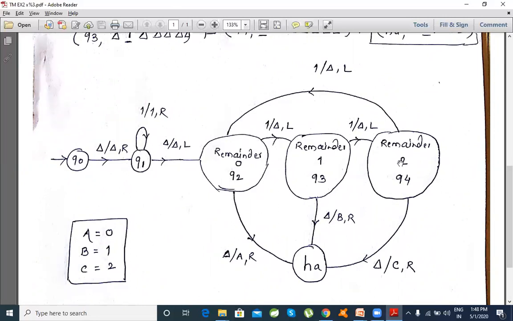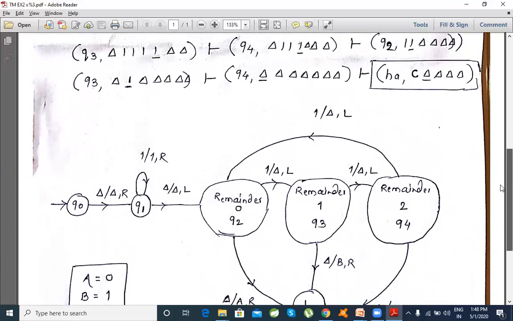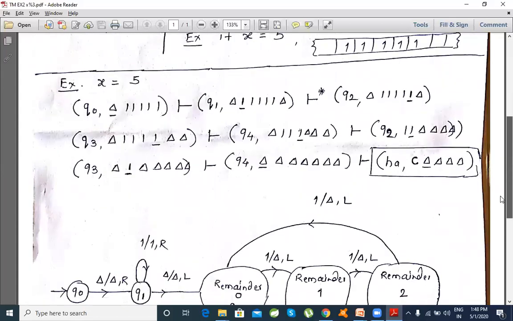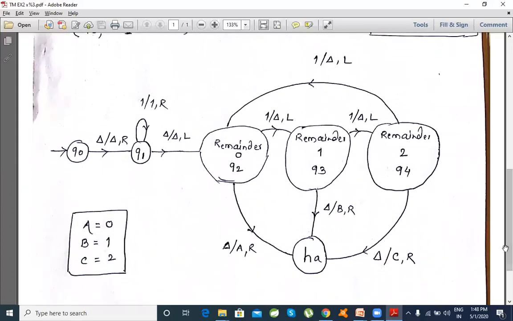And being in state Q4, the remainder is always 2. So I need three distinct states while processing an input, because at any particular time my remainder would be 0, 1, or 2. These three different states are responsible for remembering the remainders. I hope you remember this.